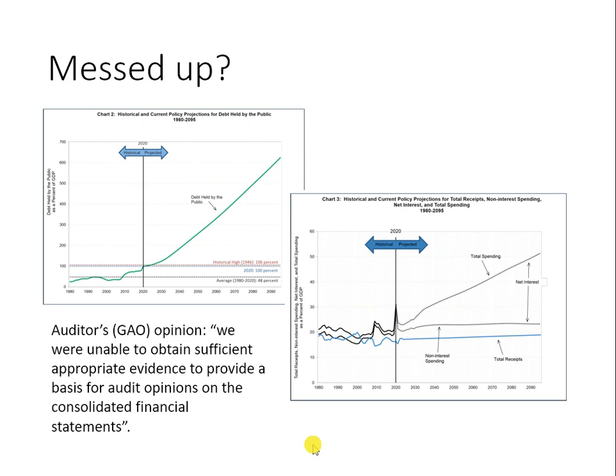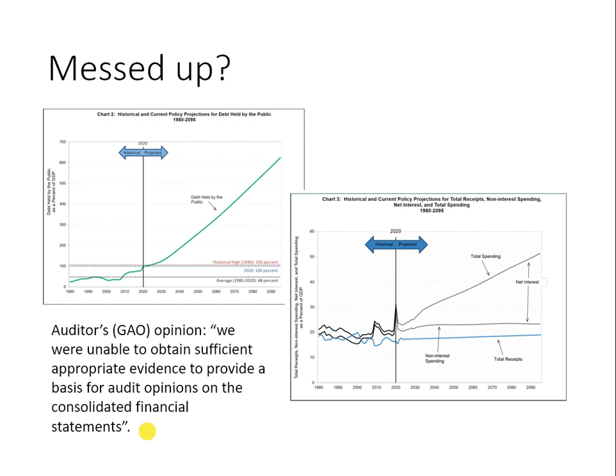And even worse, all these financial statements are audited. Let's look at the auditor's opinion. We were unable to obtain sufficient appropriate evidence to provide a basis for audit opinions on the consolidated financial statement. Basically, this is a disclaimer of opinion.